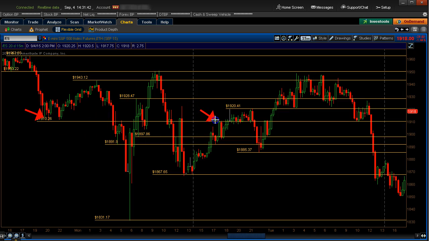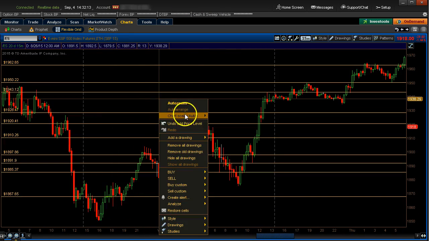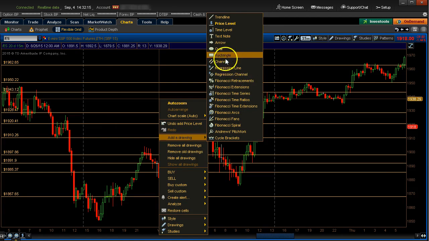Here it acted as resistance. Here it acted as support, right? And so on. But what's happening is we're actually able to identify all the trend just by looking at all these swing highs, right? So let's real quick erase everything.